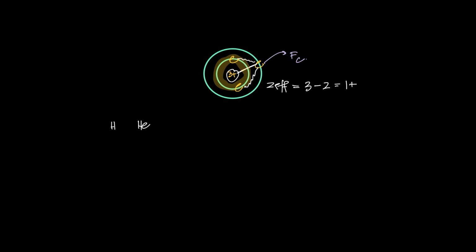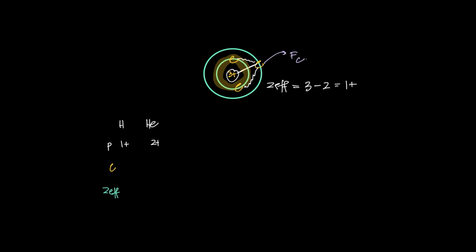We knew the number of protons were 1 plus and 2 plus, so let's call it nuclear charge. And then you have the electrons, and then the effective nuclear charge.